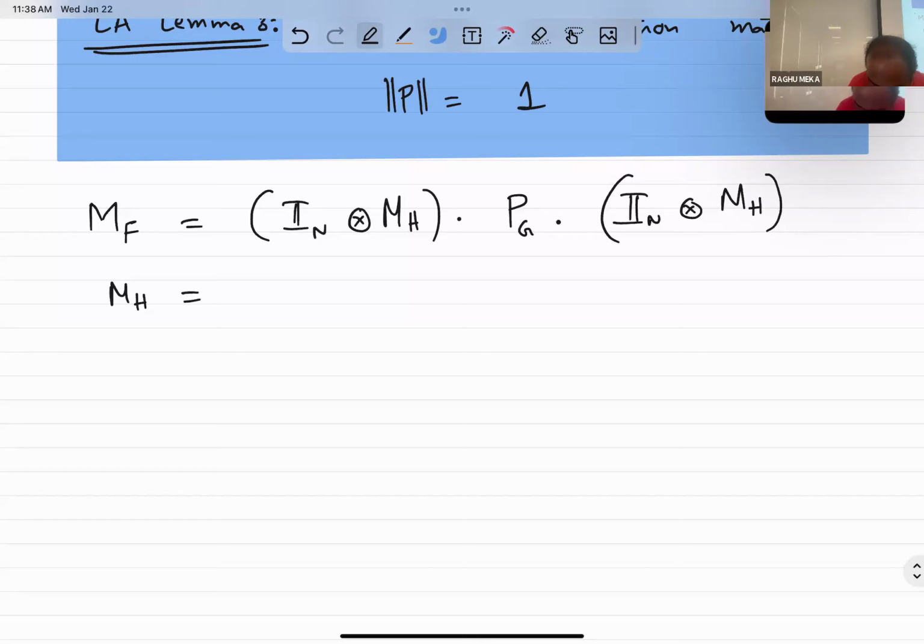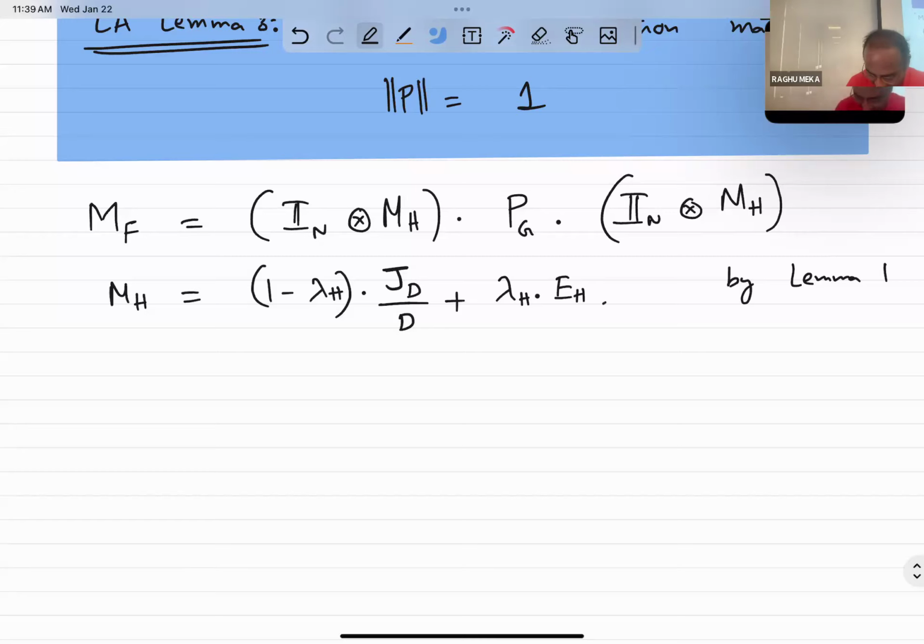By lemma 1, I can write the adjacency matrix of H as 1 minus lambda H times JD by D plus lambda H times EH, where EH is less than 1.